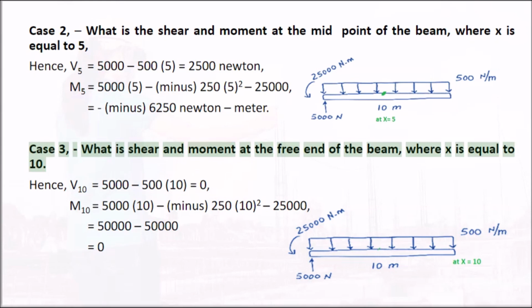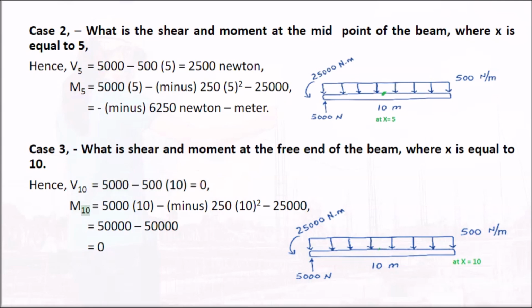Case 3. What is the shear and moment at the free end of the beam, where x is equal to 10? Hence, V(10) equals 5000 minus 500 times 10, equals 0.